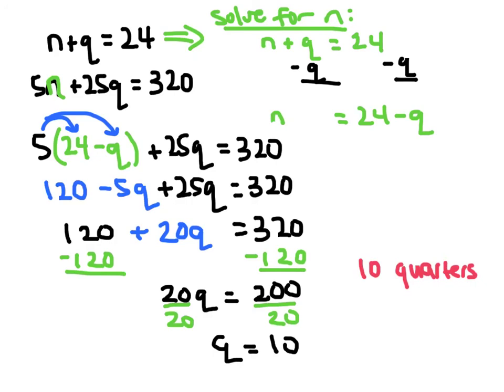Or I could just think about it, if there's 24 coins in all, if I already have 10 quarters, there's got to be 14 nickels. If you want to prove it to yourself, you can plug it in. The number of nickels is going to be 24 minus 10. And 24 minus 10 gives us 14. Just like we had found, the number of nickels is 14.